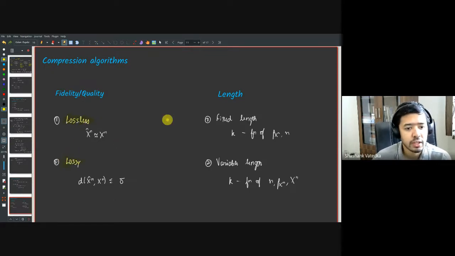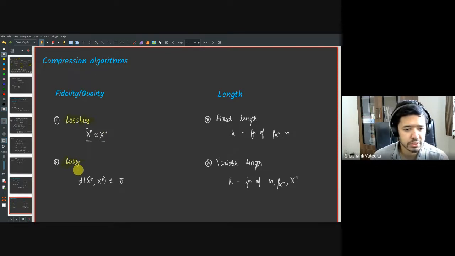Lossless compression algorithms were those where the decompressed file should be exactly equal to the original file, or at least equal to the original file almost always. With some small probability, it's allowed to be different from the original file, but with very high probability, the decompressed file must be the same as the original file.